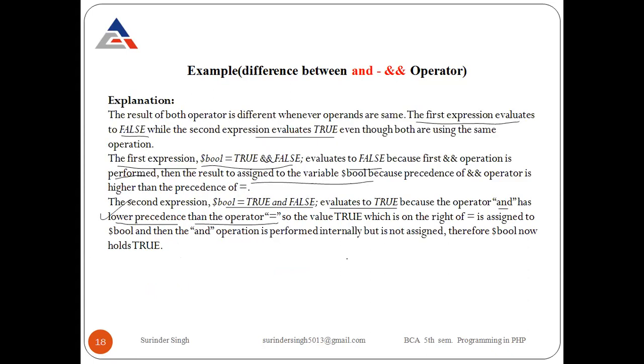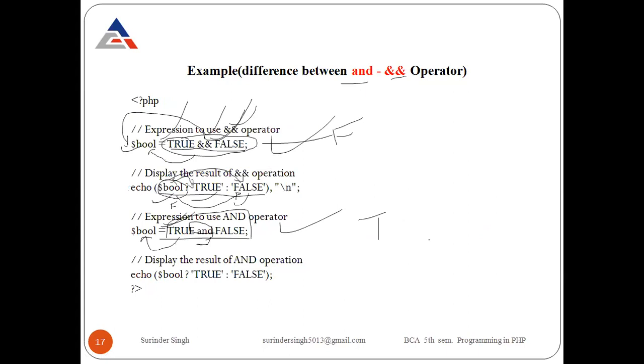So the value true, which is on the right of equal, is assigned to bool, and then the and operation is performed internally but is not assigned. After assigning this true value to bool, this and operation will be performed, but the result will not be assigned to bool. Clear?